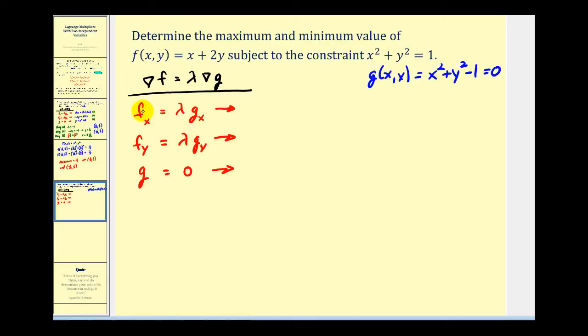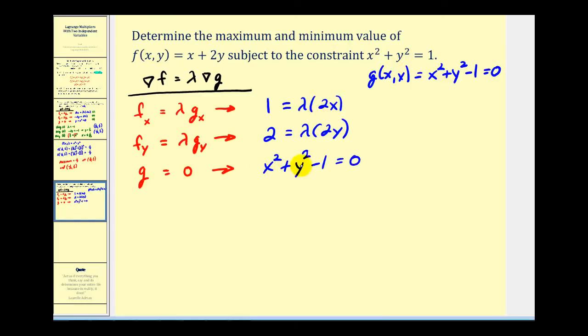We'll take the partial derivative of f with respect to x. That'll give us 1 equals lambda times the partial derivative of g with respect to x, which will give us 2x. For the second equation, we'll take the partial of f with respect to y. That'll be 2. It's going to be equal to lambda times the partial derivative of g with respect to y. That'll be 2y. And then lastly, we have our constraint.